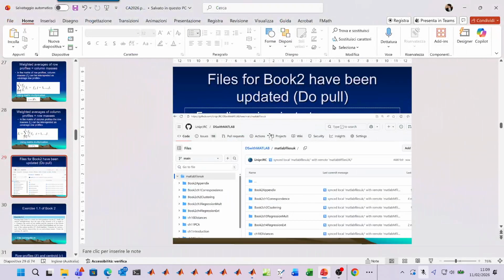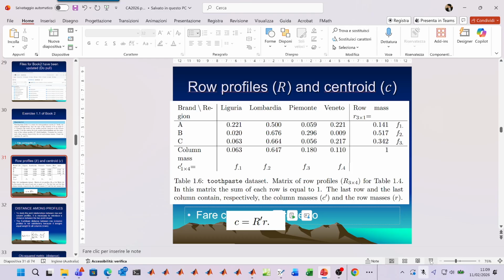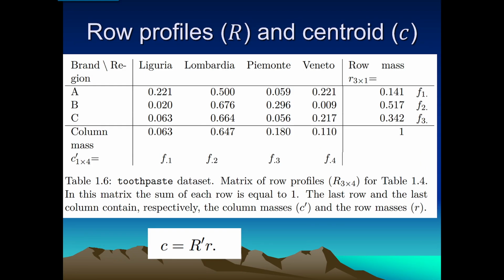Okay. Therefore, let us see it. This is the matrix of row profiles. If you do this number times this number, plus this number times this number, plus this number times this number, what do you get?